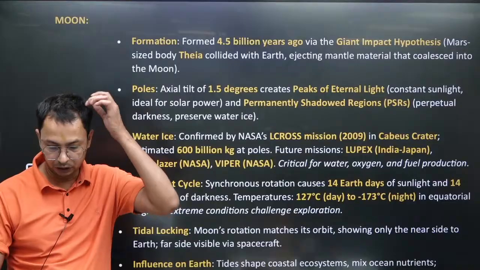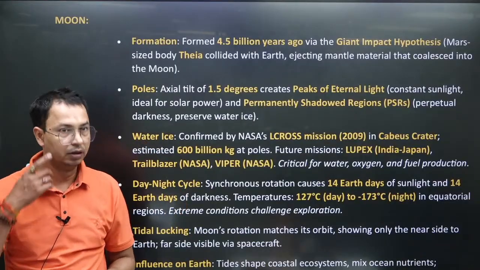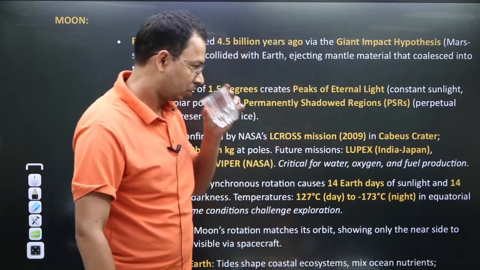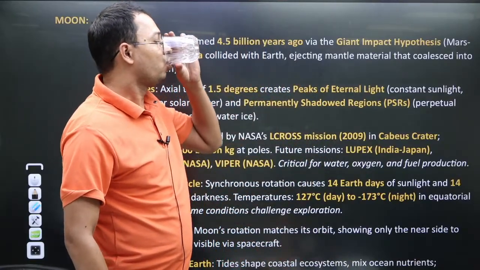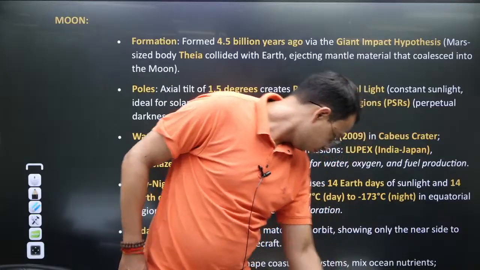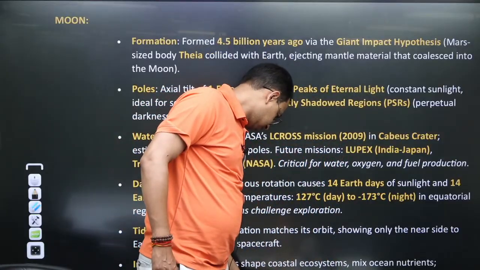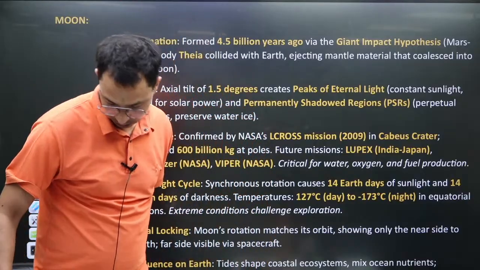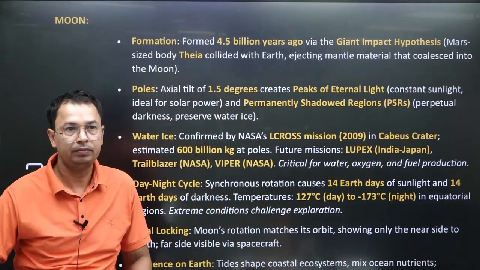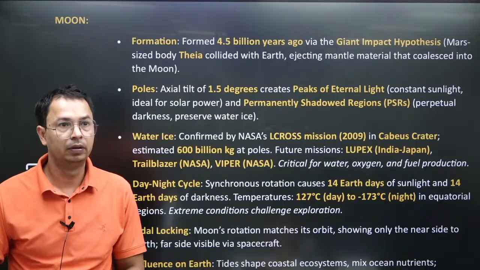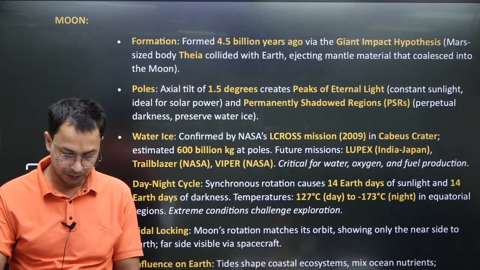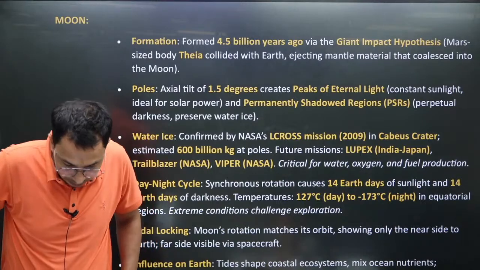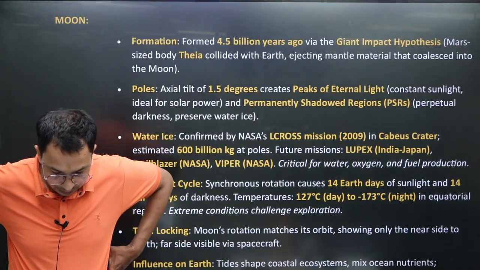Then after the Lingosat, we will move towards the moon. Formation of the moon was approximately 4.5 billion years ago, because of the giant impact hypothesis.